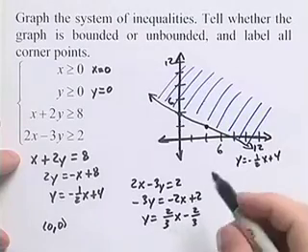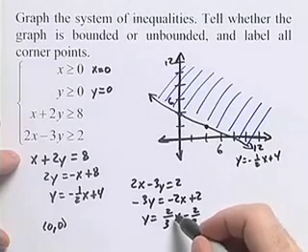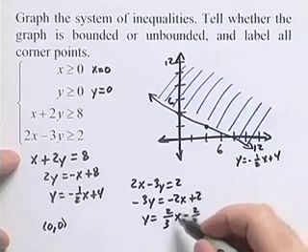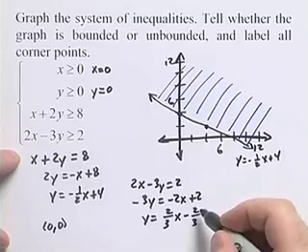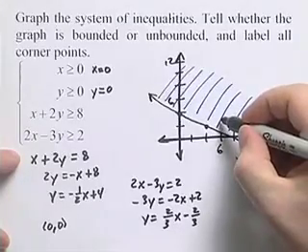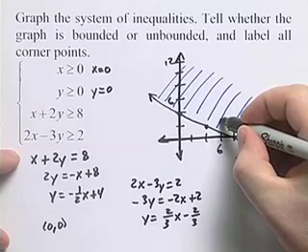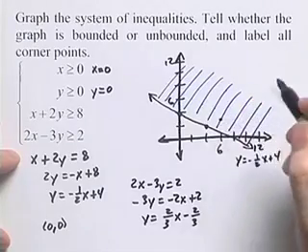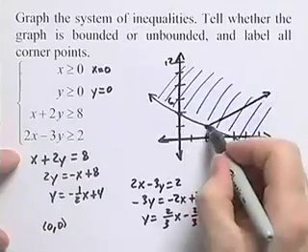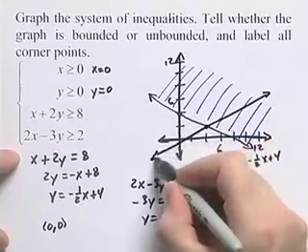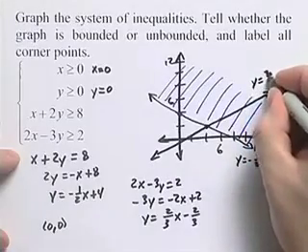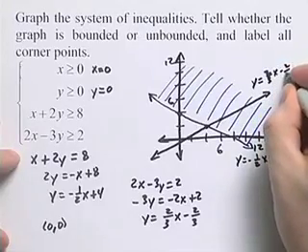If we go ahead and pick 6, 6 times 2/3 will give us 4. 4 minus 2/3, 4 is roughly 12/3. We're going to get something at 10/3, which is a little bit bigger than 3. So at 6, we're going to go up slightly bigger than 3, which puts us about right there. Connect our points. And here we have the graph of y equals 2/3 x minus 2/3.